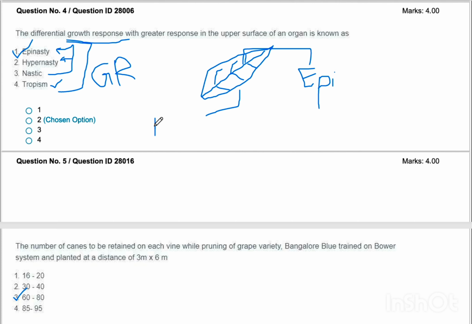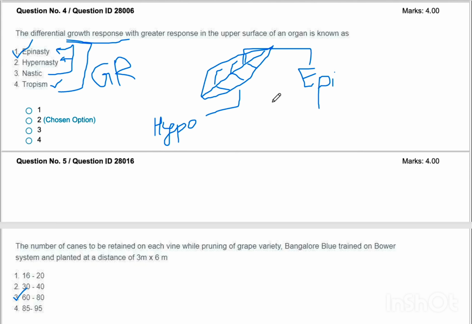Somebody who doesn't know well may get confused about whether hyponasty is on the upper side or not, if the options are epinasty or hyponasty. So that option is given for confusion. The major two types of nastic movements are epinasty and hyponasty. So epinasty is our answer.